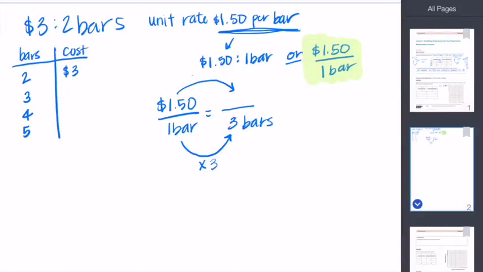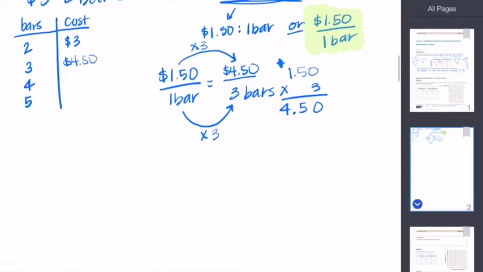So I'm going to multiply 150 by 3. If I do that math, I'm going to see it's going to cost me $4.50. Put that in our little table there.